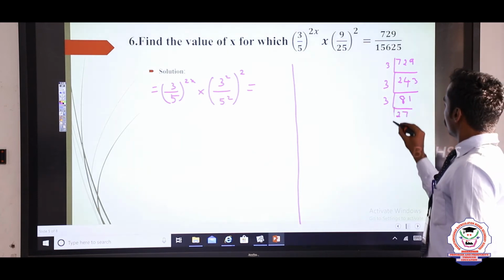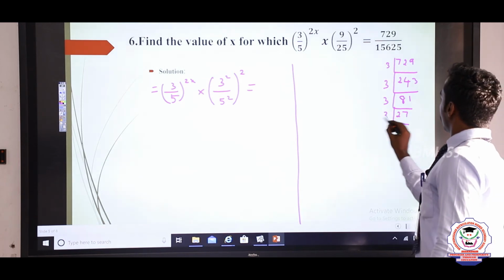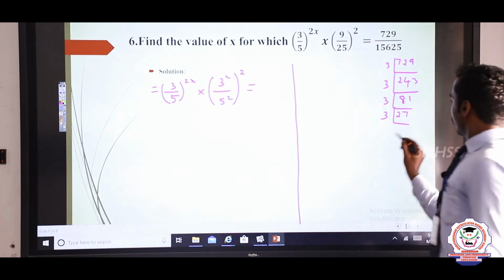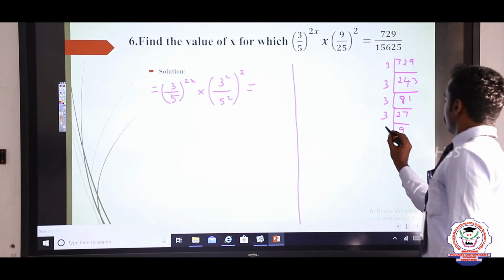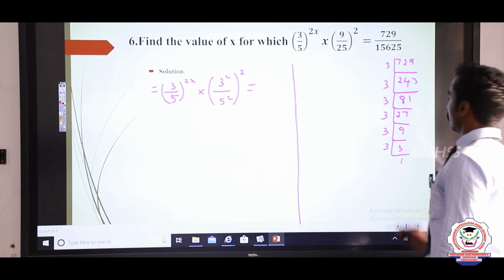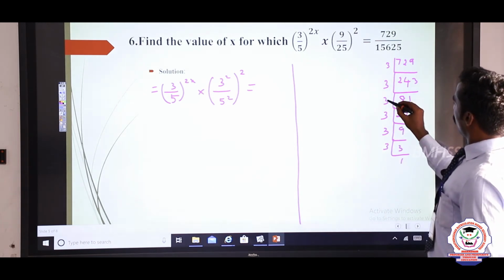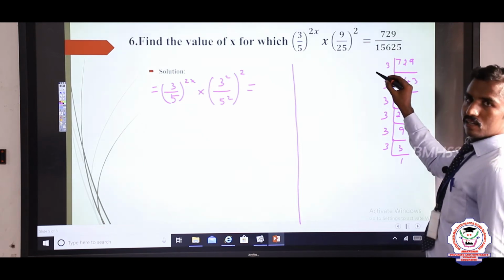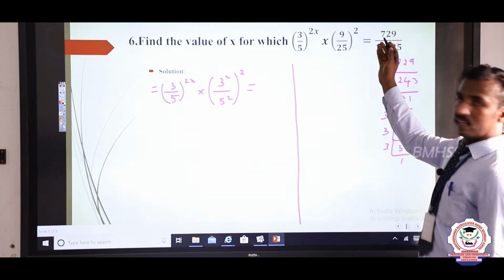3 7s are 27. 3 table, 27, 3 9s are 27, 9, 3 3s are, next one 3 means 3 1s are 3. So listen, 1, 2, 3, 4, 5, 6. So 6 times 3 multiplied, we get the value 729.